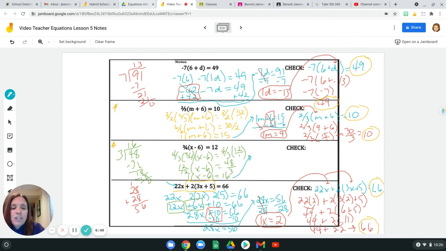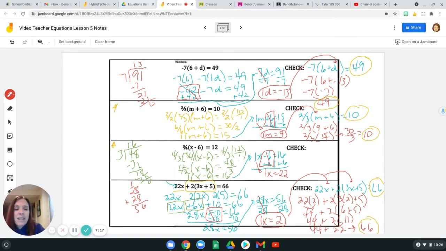Distributing a 1 does not change anything, so you still have 1x minus 6 equals 16. We're going to zero pair that constant. Negative 6 becomes a positive 6 on both sides. Make sure you have that zero pair. You have a negative and a positive of the same number. Bring down your 1x. 16 plus 6 is 22.